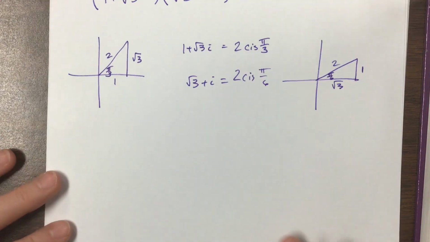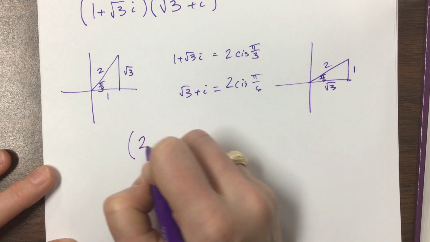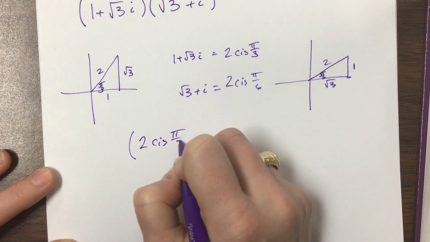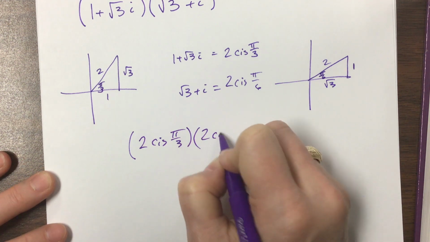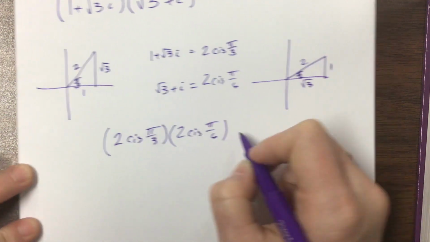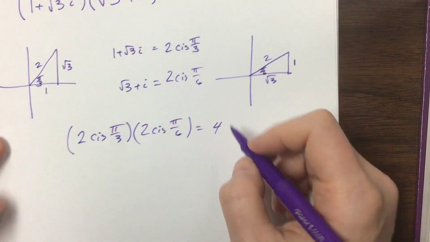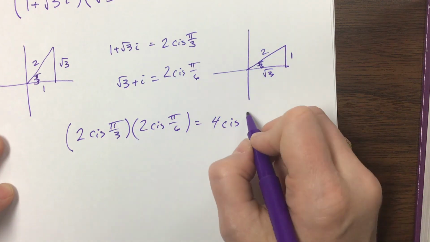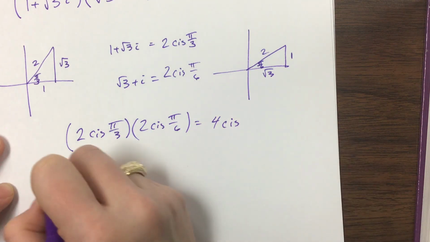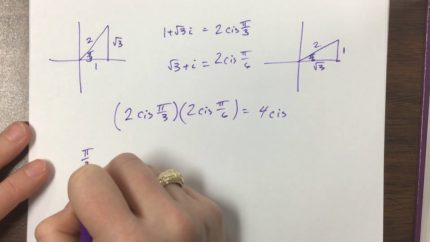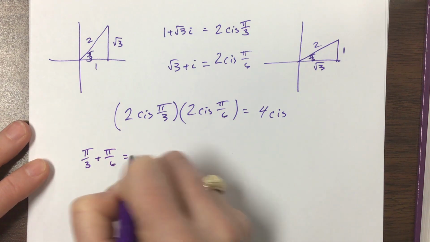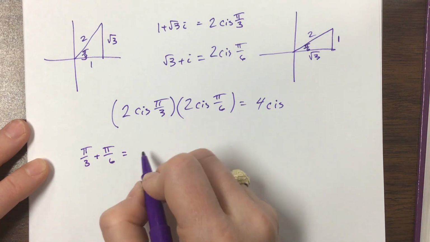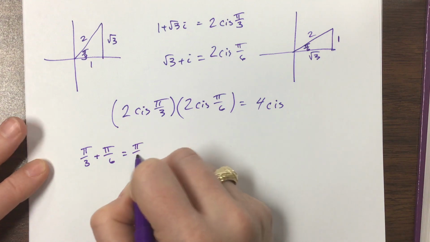For multiplying those, we have 2 cis pi over 3 times 2 cis pi over 6. Well, 2 times 2 gives me 4. And for the cis, we add these. Pi over 3 plus pi over 6 is 2 over 6 plus 1 over 6, which is 3 over 6, which is pi over 2.